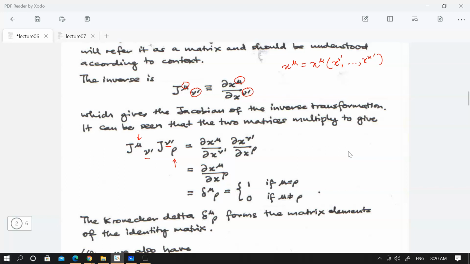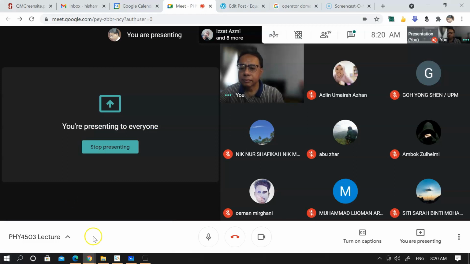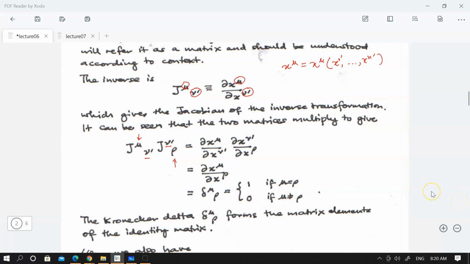Then essentially you can see that if I do this, it's like a chain rule kind of thing. So you get to this partial derivative. And this essentially gives you, think of your x mu and x rho to be independent coordinates, then this will be giving you either 1 or 0. 1 when the indices are the same, or 0 when they're not.